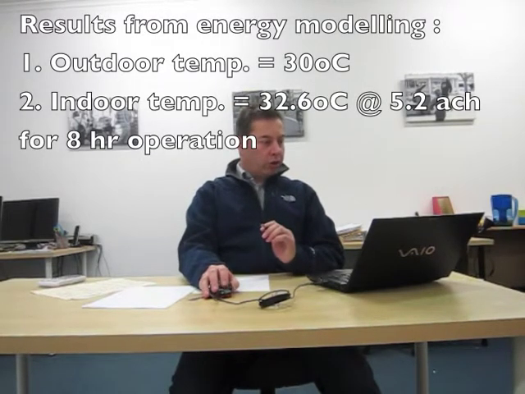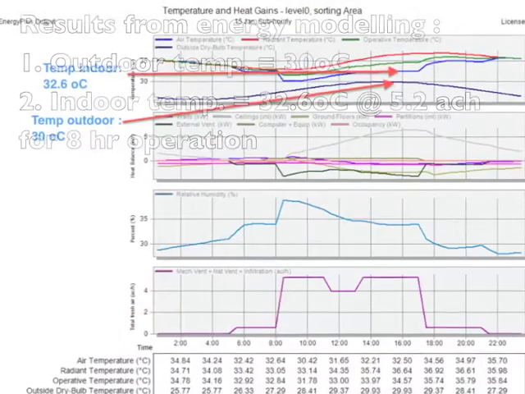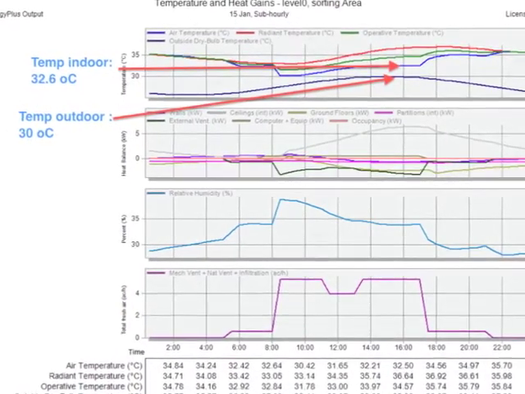At 8 hours we found that the internal temperature was 32.6 degrees. And the difference was not very significant. Obviously the temperature would be lower with 24-hour operation, but sometimes it's not cost effective to do so.